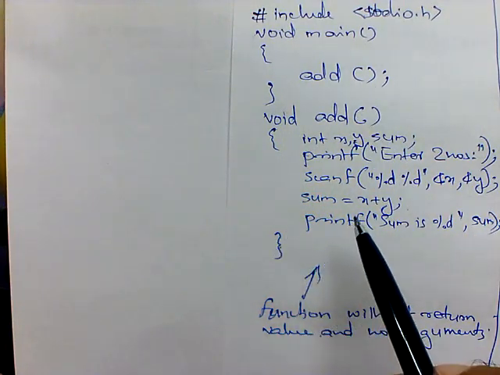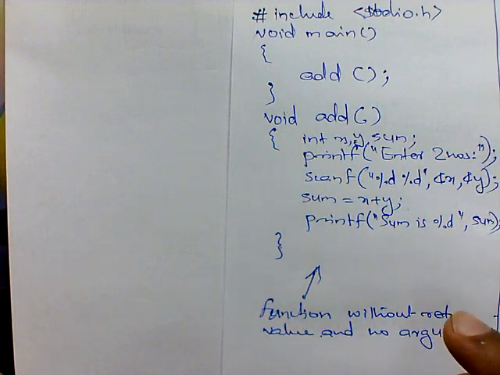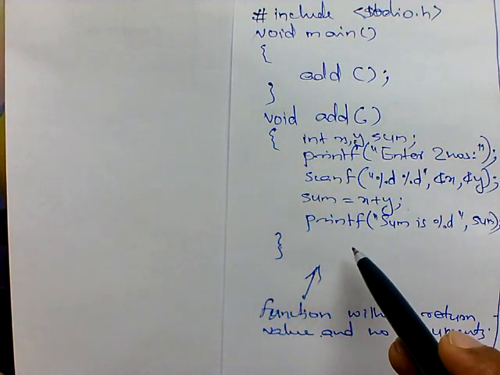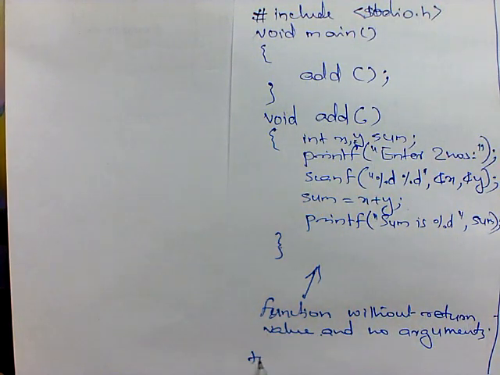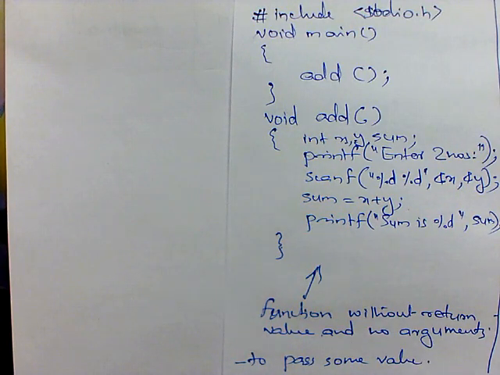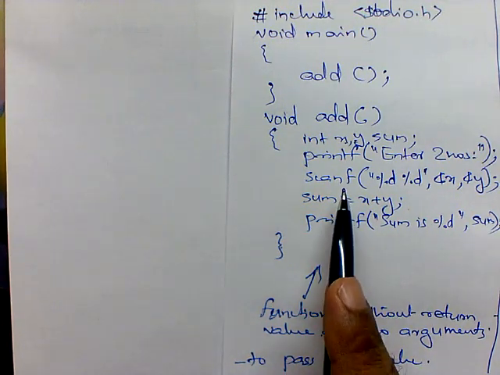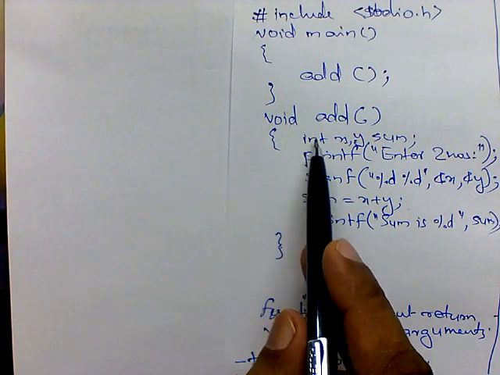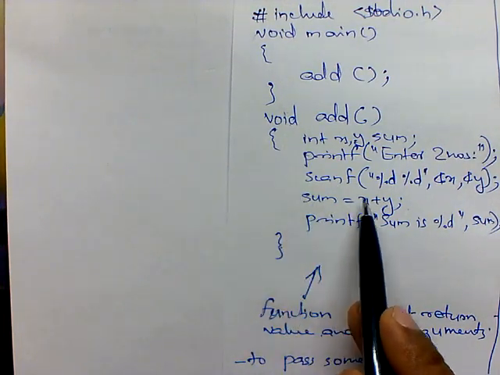Now we will see how to change this program to pass some value. That is, in this function definition, we are going to pass these two numbers.